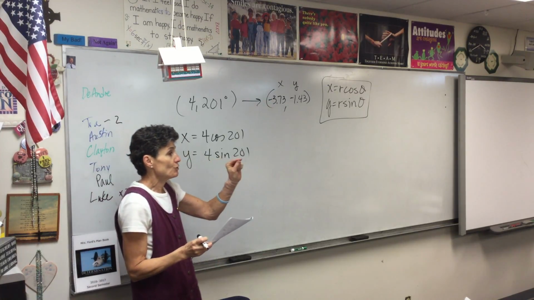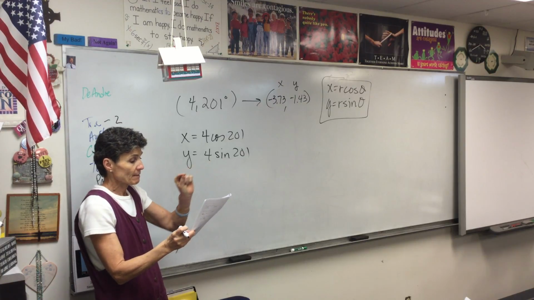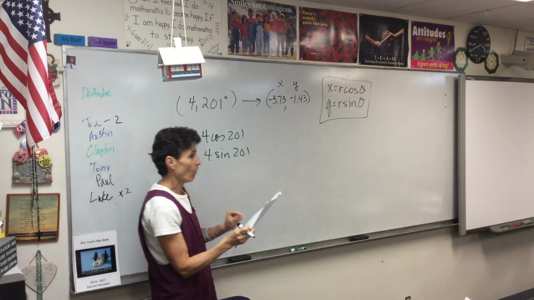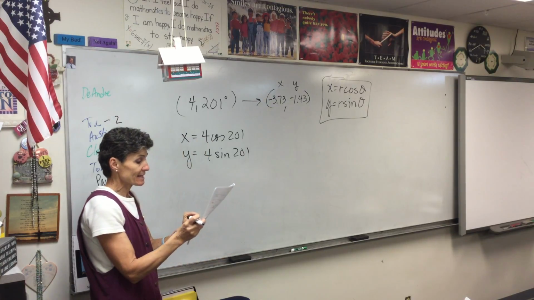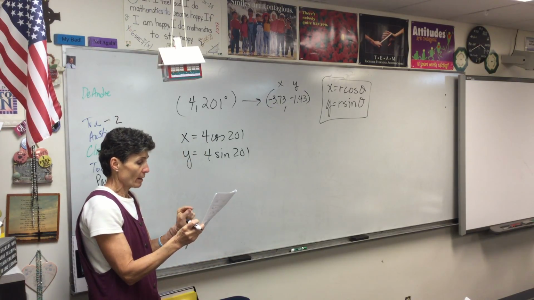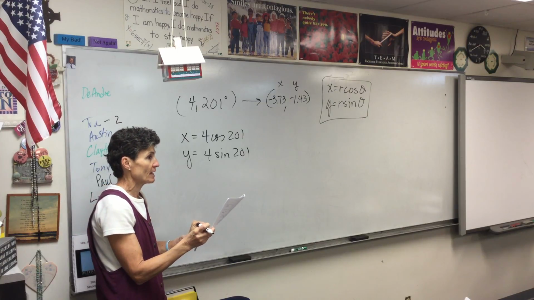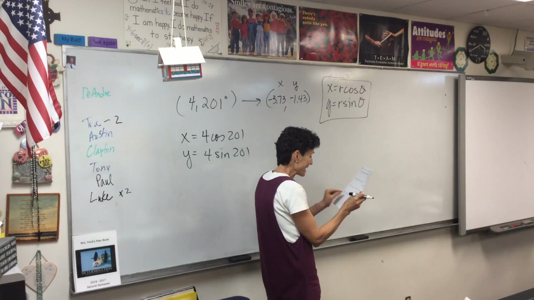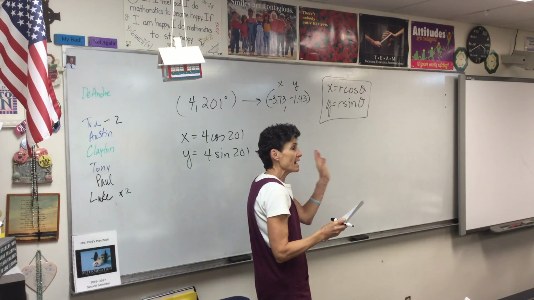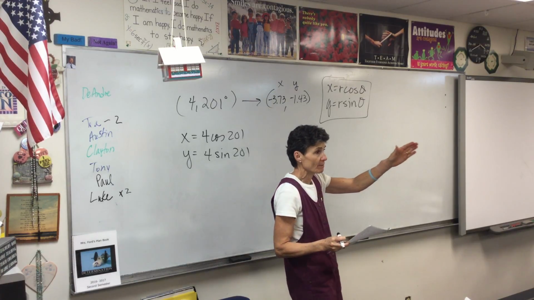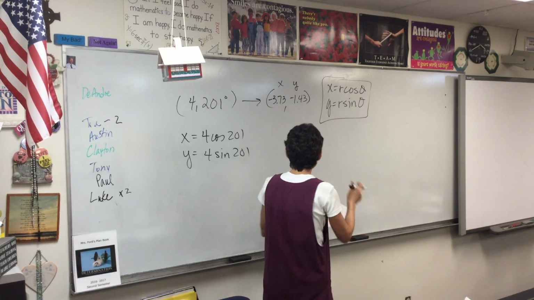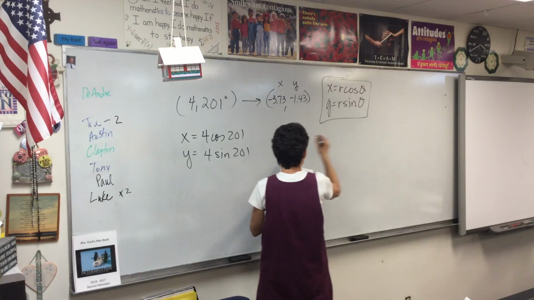Now, I'm going to have you do something here. I want you to skip down to number 4. Number 4 is the same kind of thing. Number 4 says, change to rectangular form. Anytime it says change to rectangular, it means find what? X and y. So looking at this problem, this is number 4 now.